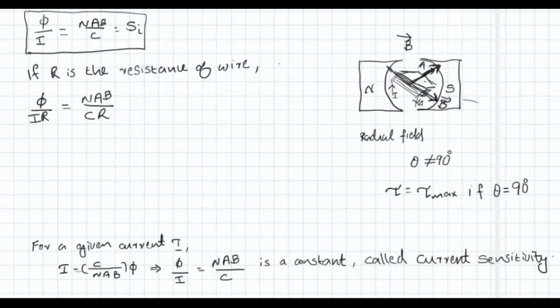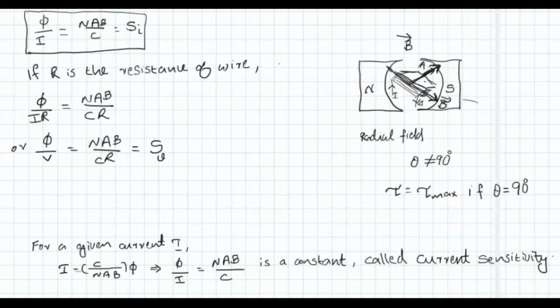Previously told C, N, A and B are already constants. So again this will give a constant. And IR is equal to voltage. I into R represents the voltage from Ohm's law. Therefore we can write phi by V is equal to NAB divided by CR.